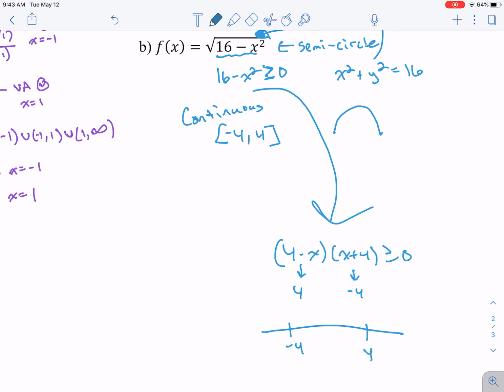Plug in a negative number, you're going to get negative. Plug in a 0, and you're going to get positive. Plug in a 5, you're going to get negative. And this is only true here. So this is our domain, and it's continuous in that entire domain. Okay, and that's all.